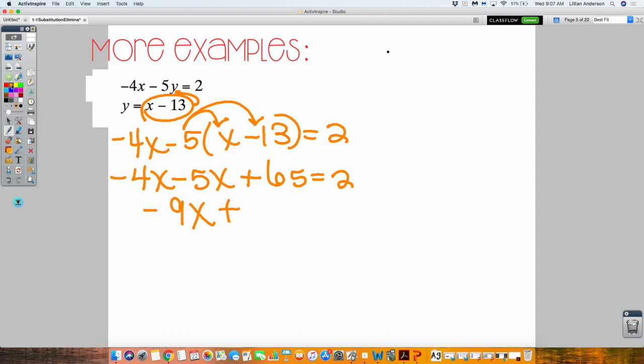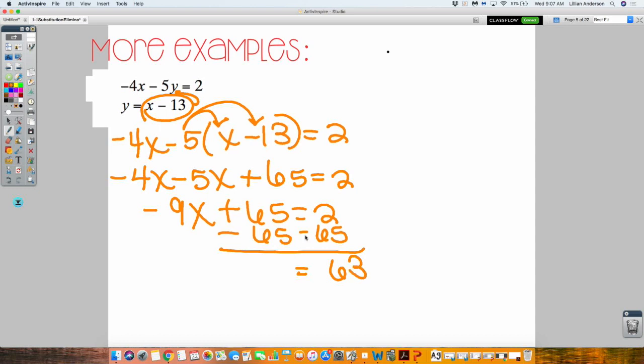Okay? Plus 65 equals 2. From here, what do I need to do, Brianna? Positive or negative? Careful. So that it's going to be a negative since the large number was negative. Okay? So good. Bring it down and then what?